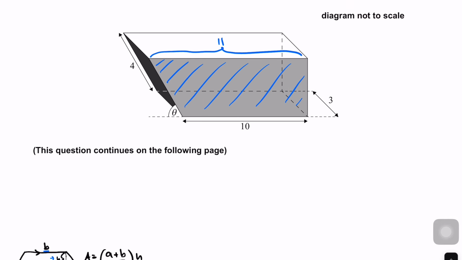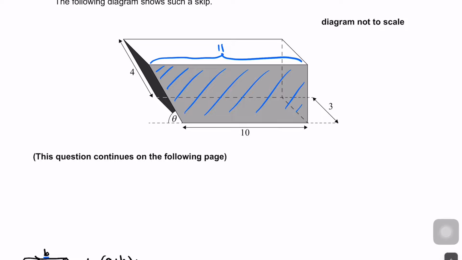In this case, I'm going to write A_T for the area of the trapezoid. It's going to be equal to (10 + 11) over 2. So we know one side and another side, over 2.